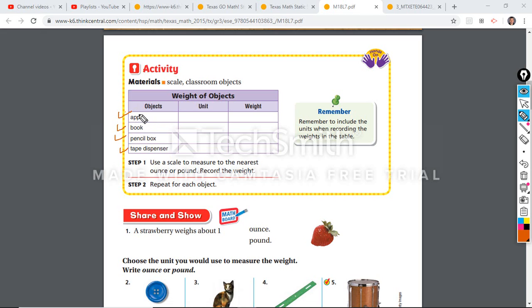So you can determine what unit to use to weigh something, whether you're going to use a pound if it's larger and an ounce if it's smaller. Now the unit means how many, so each one will be 1.